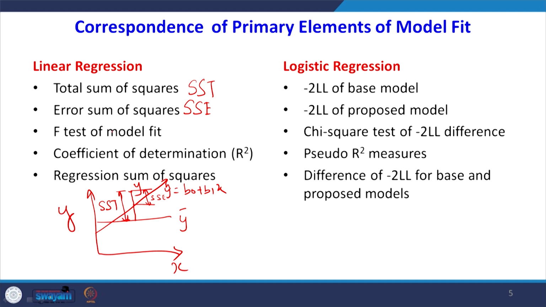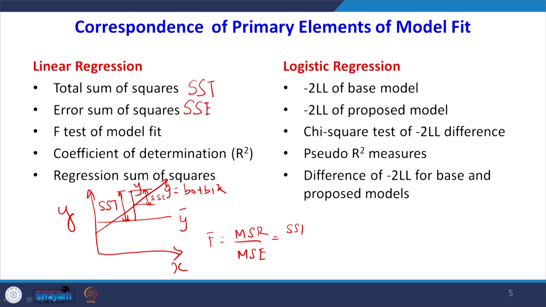In the linear regression model, to test the overall model fit, we used the F test. What was the F test in the linear regression model? F is MSR divided by MSE. What is MSR?